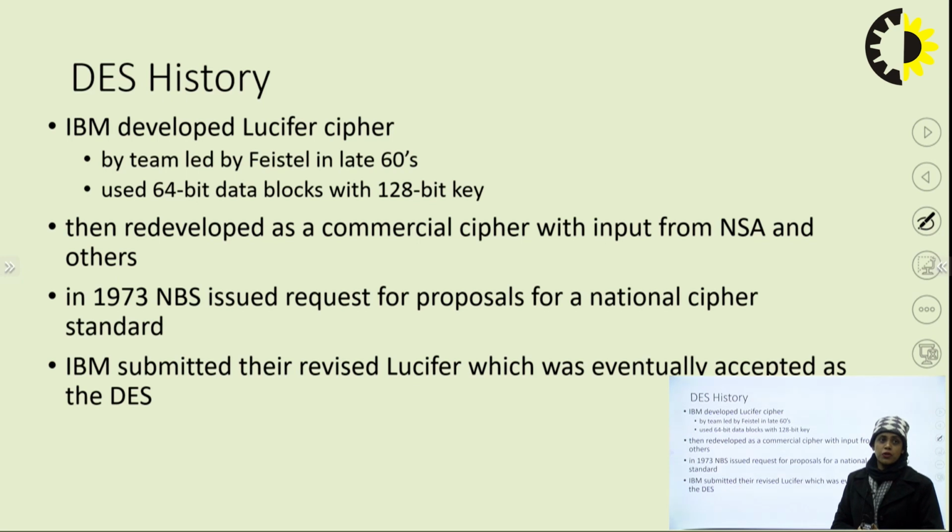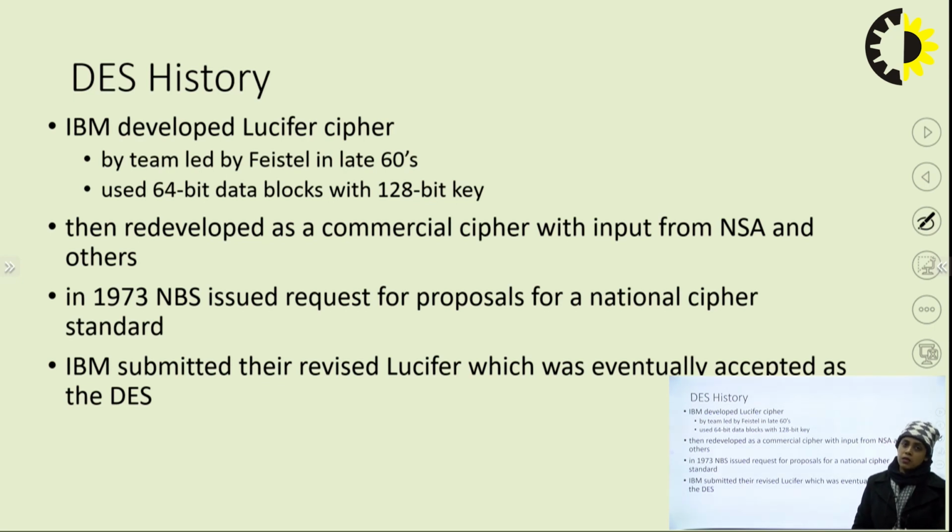Talking about the history of DES, it was developed by IBM. Initially it was known as Lucifer Cipher. In time, the team led by Feistel, as you know, the inventor is Feistel, used a 64-bit block with a 128-bit key.